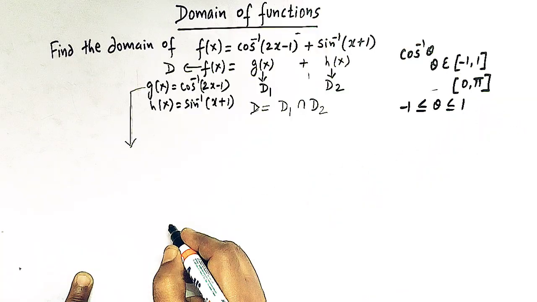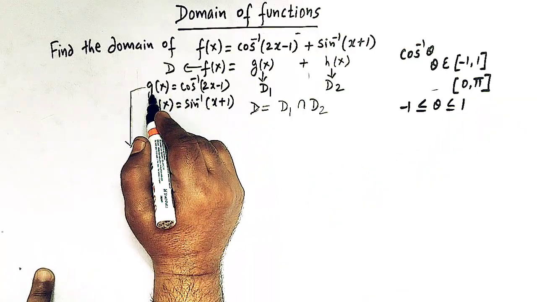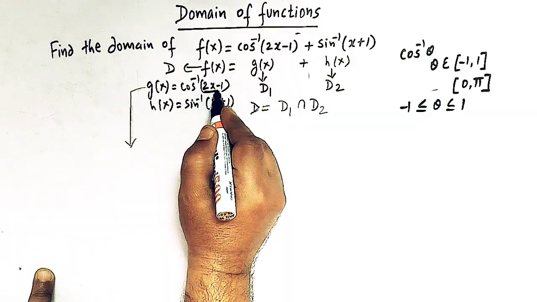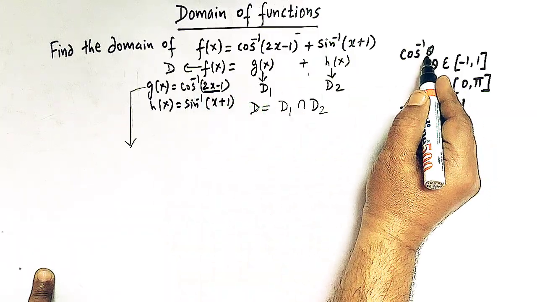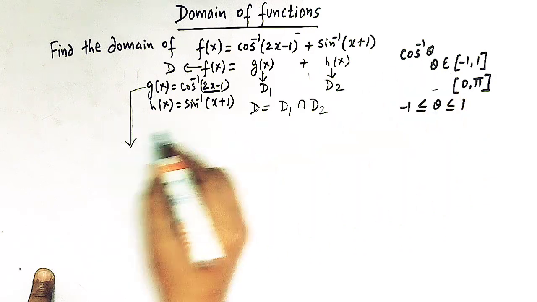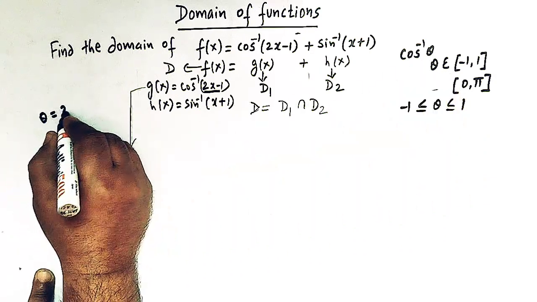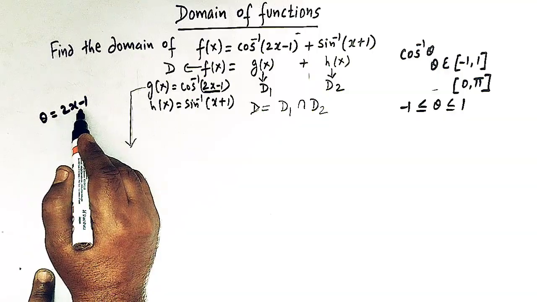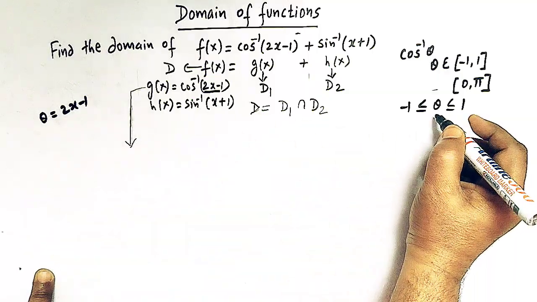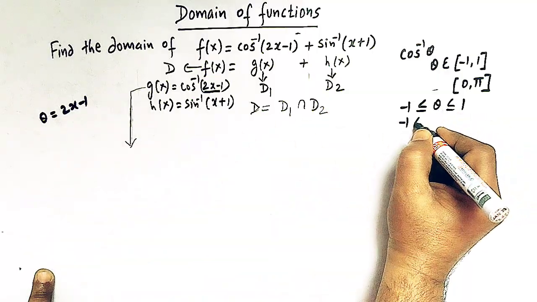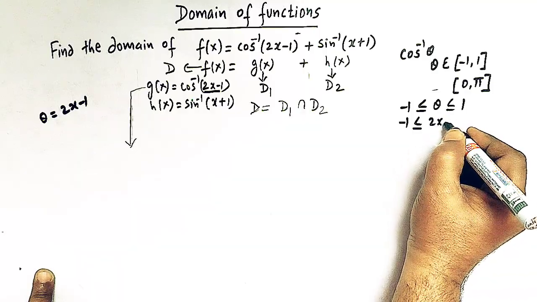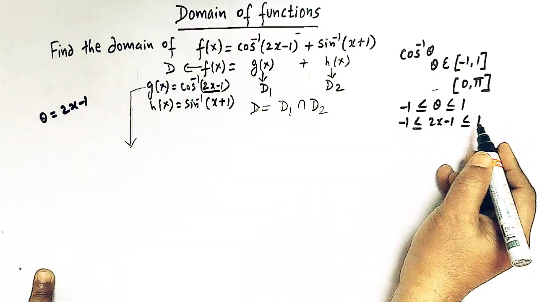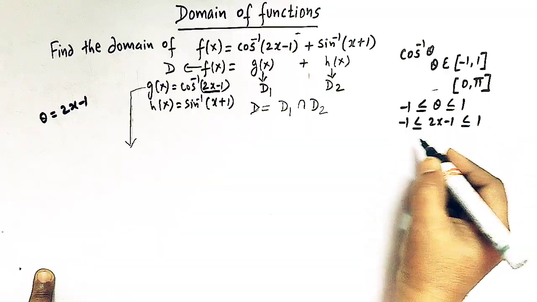So here in the function g of x, we have cos inverse of (2x minus 1). So for theta, we can take 2x minus 1. So let us substitute theta equal to 2x minus 1 in this inequality. So we have minus 1, 2x minus 1, and here we have 1. So let us add 1 throughout this inequality.